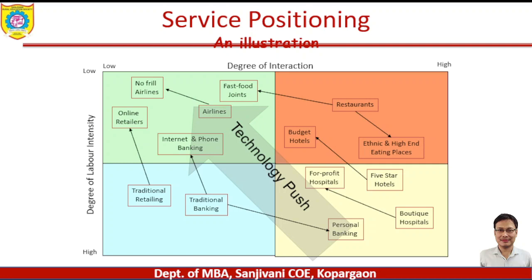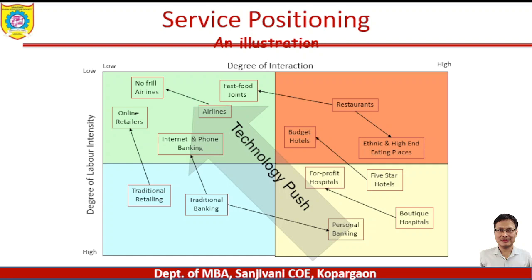This service positioning matrix shows the interaction between the degree of labor intensity and the degree of interaction. So this shows one of the ways of positioning your service in terms of the degree of labor intensity and the degree of interaction.